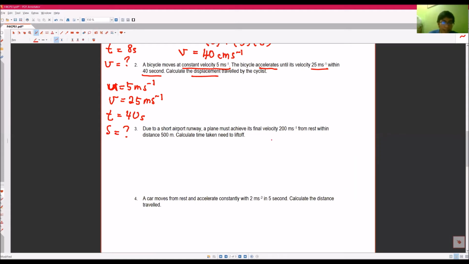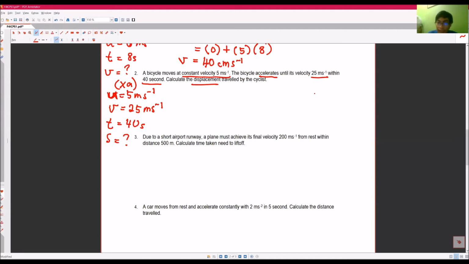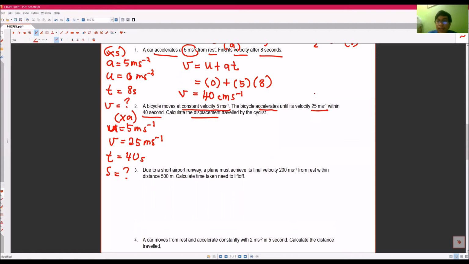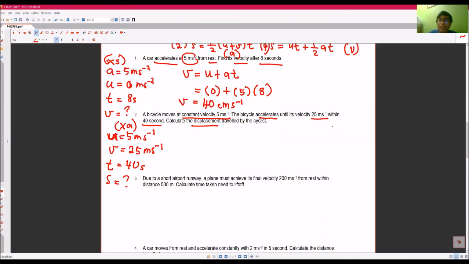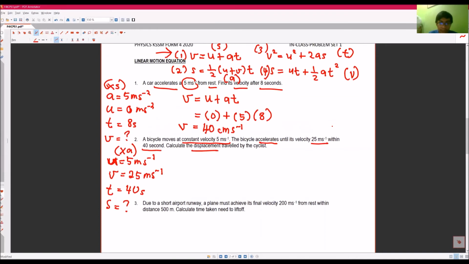We don't have acceleration this time. There is no acceleration value given, even though the word accelerates is there, but we don't need that to calculate. It just gives you the hint of which one is the initial velocity and which is the final velocity.